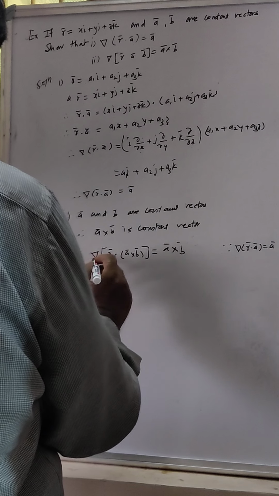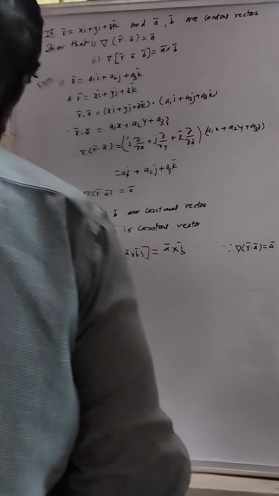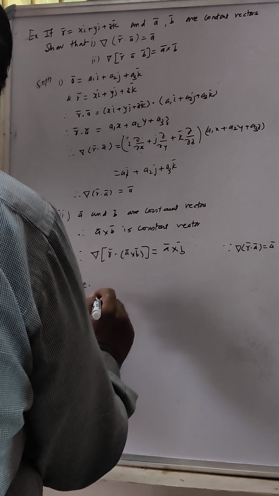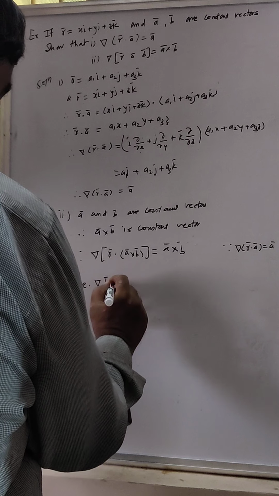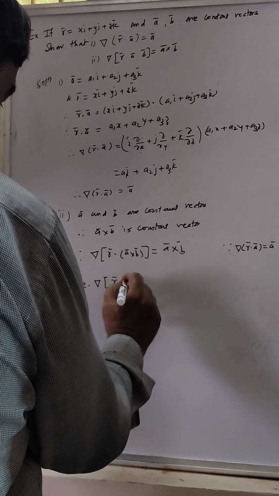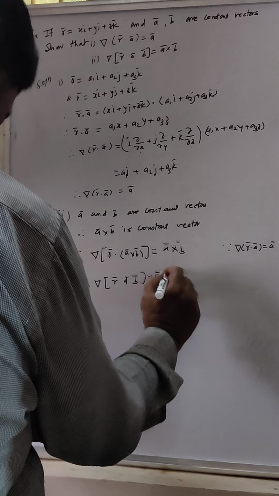Therefore, del of r vector dot a cross b, that is a constant vector, is equal to the constant vector a vector cross b vector. That is del of the scalar triple product a vector cross b vector.